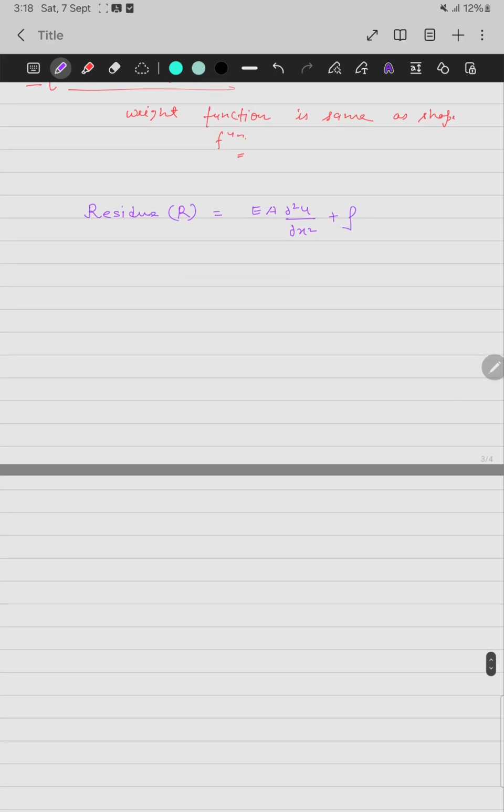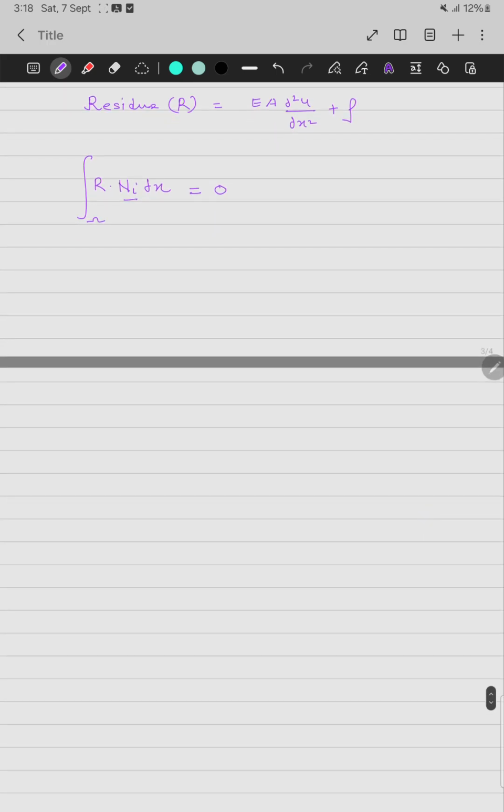This is our residue. From the energy equation we can write the integration of R times Ni dx, where Ni is the weight function and R is the residue, and the whole integral gives us 0. This is the basic idea.